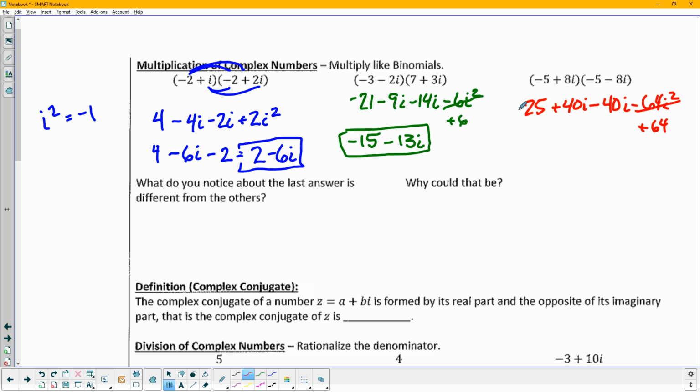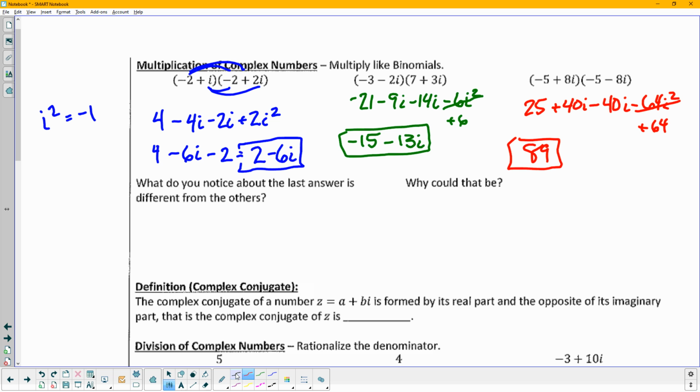And here I have 64 and 25, which is, let's say, 89. And then what happens with my i terms here? I have negative 40 and positive 40, so they cancel out, or they become 0i, which just gives me 89.